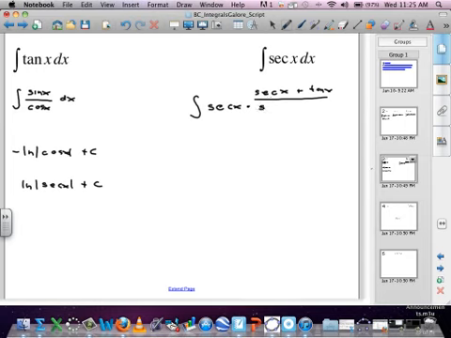And no, you would not just think to do that. It just comes from trial and error and from playing around with patterns here and knowing what you're trying to create. Okay, when you distribute the numerator out, you get secant squared x plus secant x tan x, and that's nice because those are the two derivatives of the denominator, which allows me to use the natural log pattern on this.